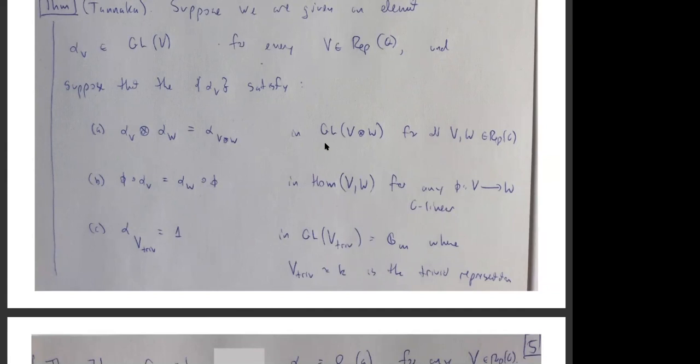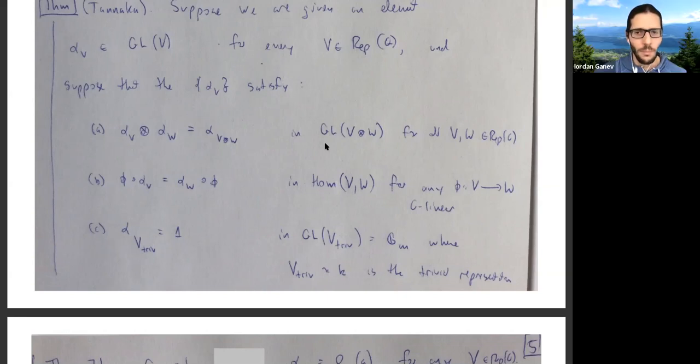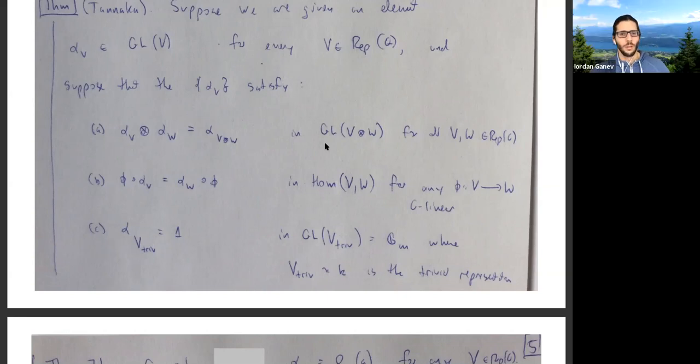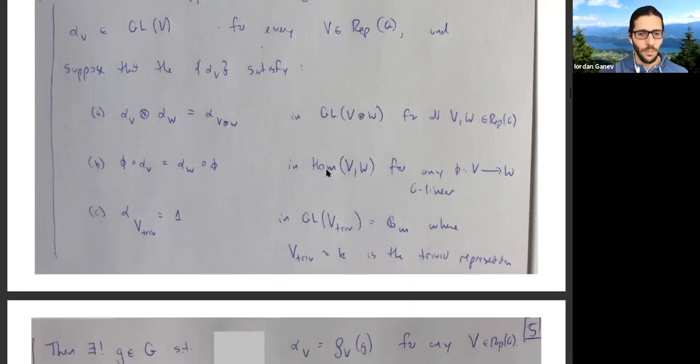Yes, for general automorphisms of V and W, if you take the tensor product, will it be an automorphism? Yeah, so the condition is just that this happens to be living in GL(V tensor W), but it's not, yeah, okay.